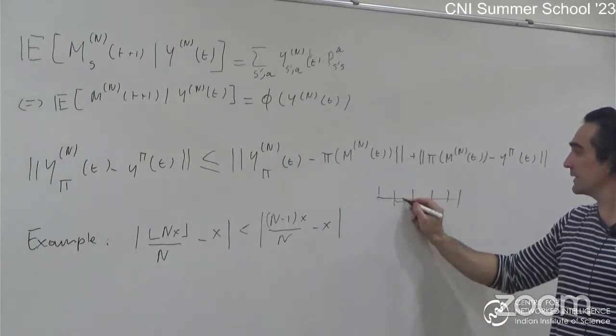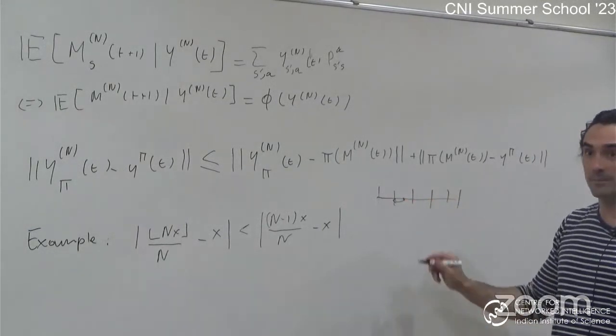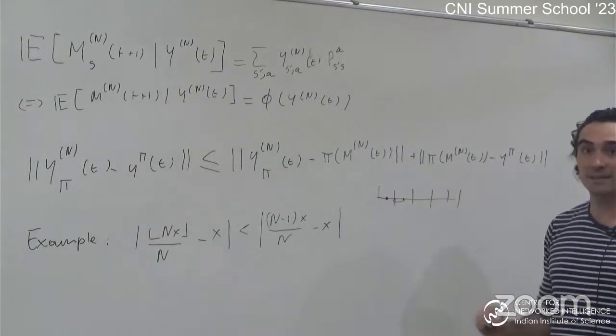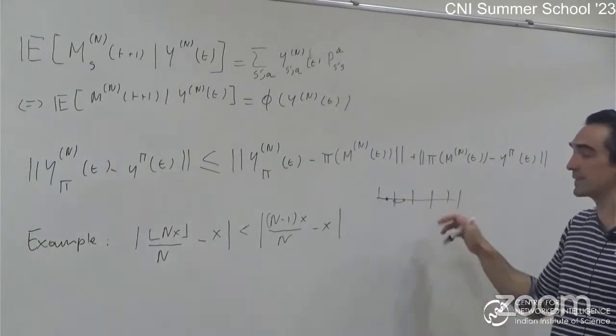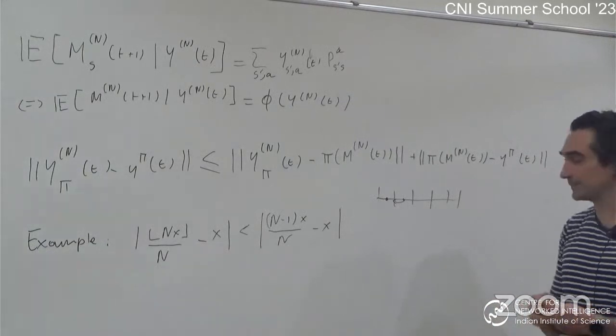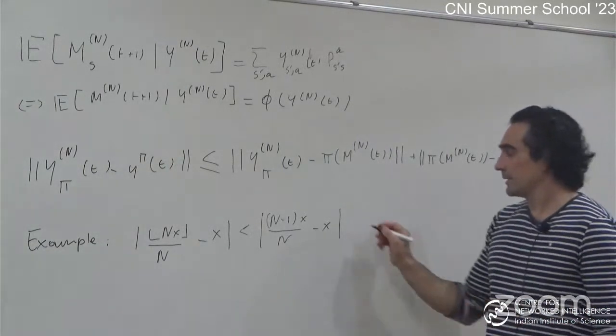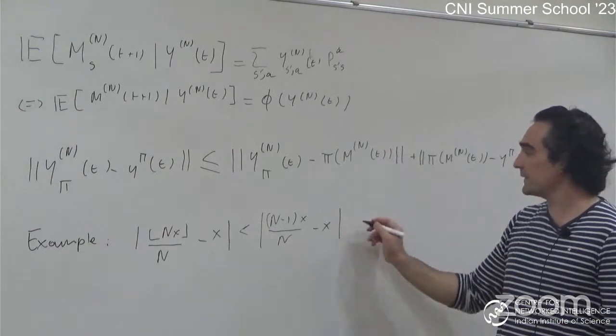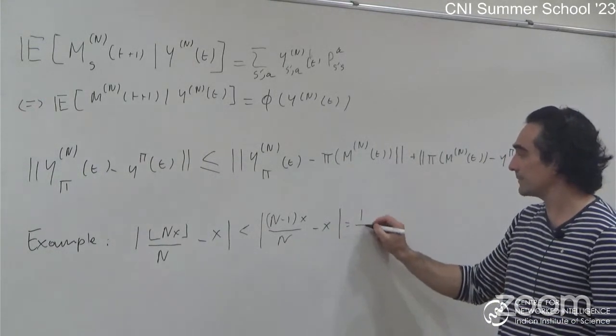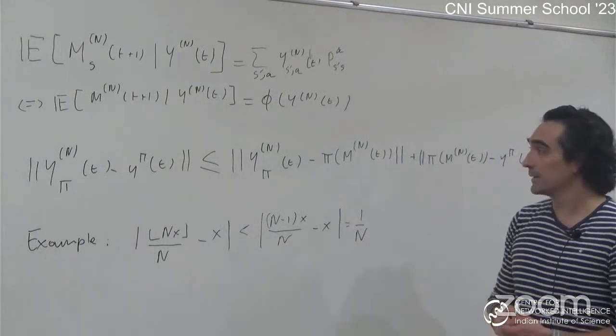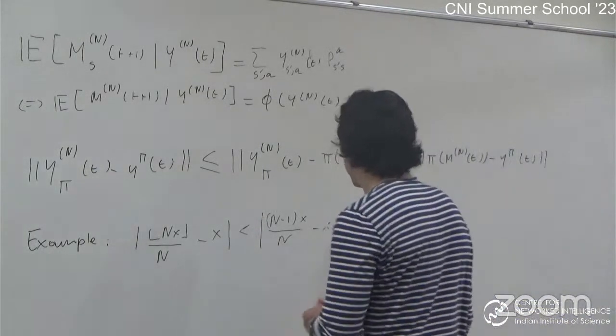Rounding is sending you there, and I'm saying just put minus 1 and I send it here. So automatically the distance is getting bigger, right? And so this is basically equal to 1 over n.